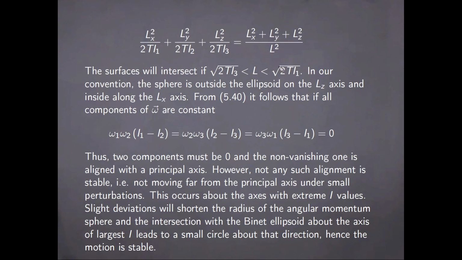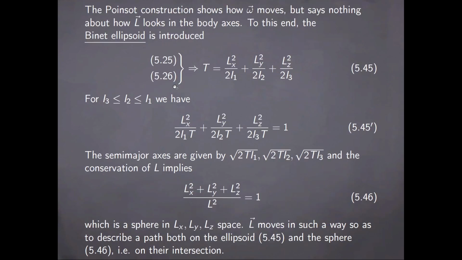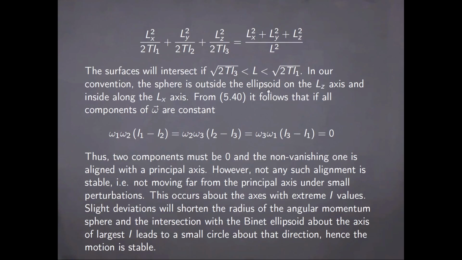So in our convention, the convention specified here, the sphere is outside the ellipsoid along the LZ axis and inside along the LX axis. And from 540, it will follow that if all components of the angular velocity are constant, then these three equalities hold.